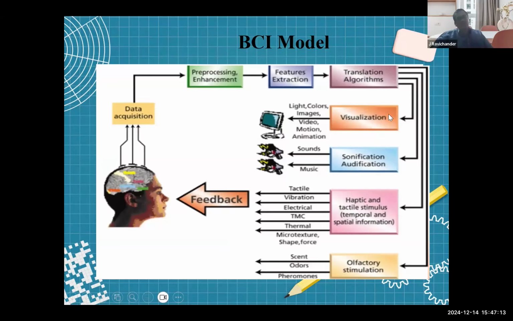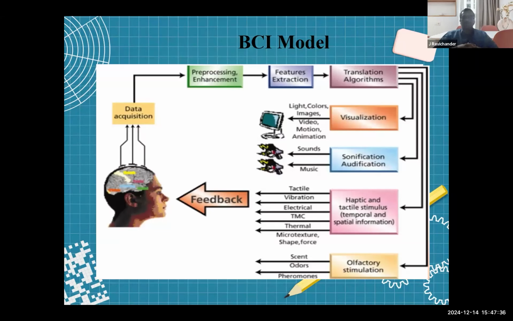Now we have to use efficient algorithms, like machine learning algorithms, artificial intelligence algorithms, and deep learning models for classification of signals, depending on what type of signal we have extracted from the brain.